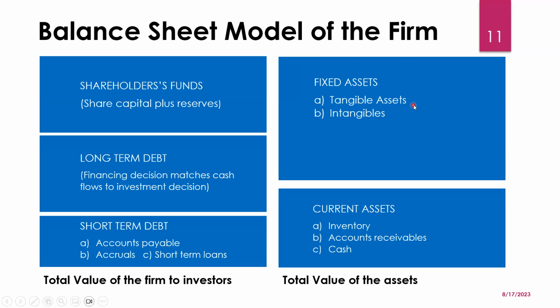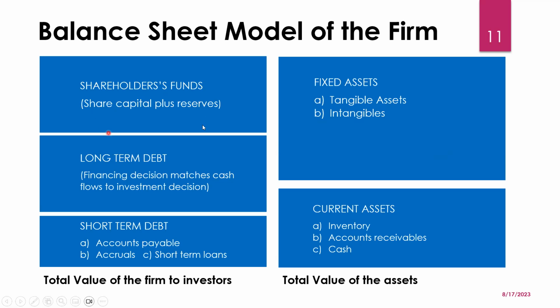Under the tangible assets, you can have land, building, motor vehicles, machineries, and all the things. And in the intangible assets, you can have goodwill, patent, trademark, brand name, and all these things. And on the bottom, you have the current assets. Those are the liquid assets, or assets that can be converted into cash very easily. Then you have the inventory, the account receivables, and the cash.